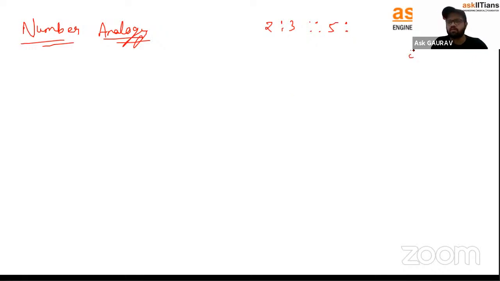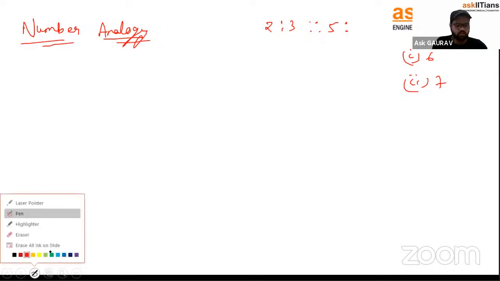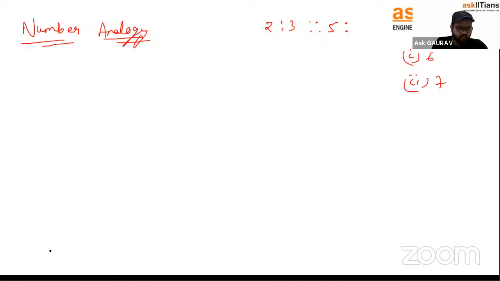Like if I give you options, let's say the first option is 6, the second option is 7. Which option will you choose? Tell me in the chat. Experts is saying 7. Otherwise, all are saying 6. Snehil Chatterjee, 7. Yes, you have to choose 7. 7 will be your right answer.